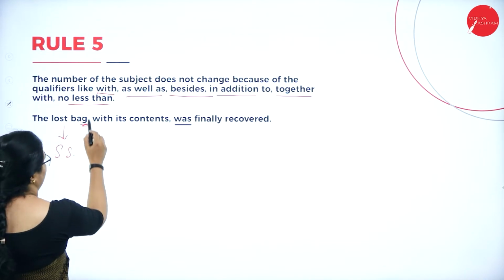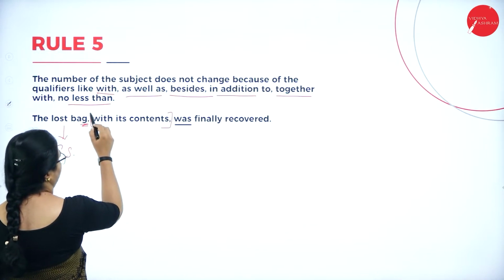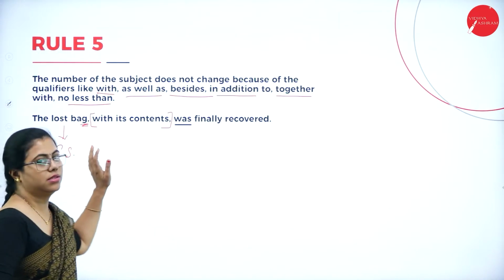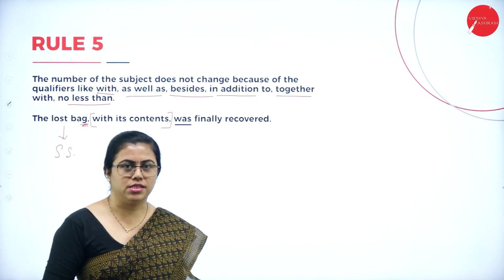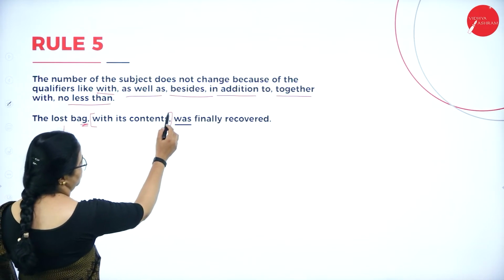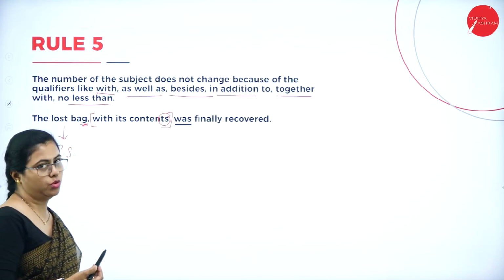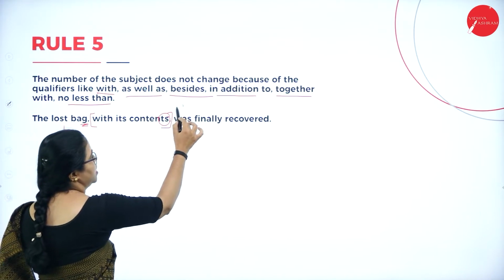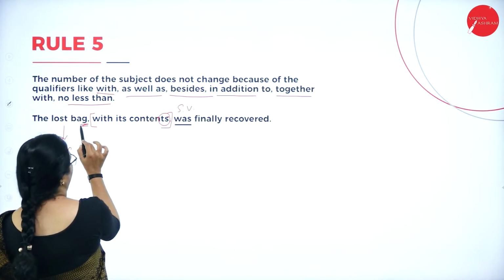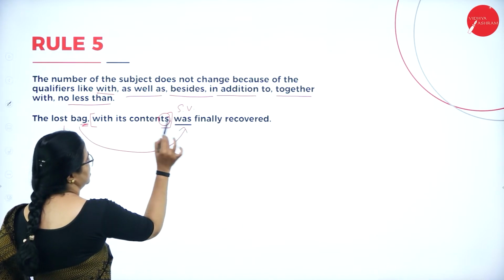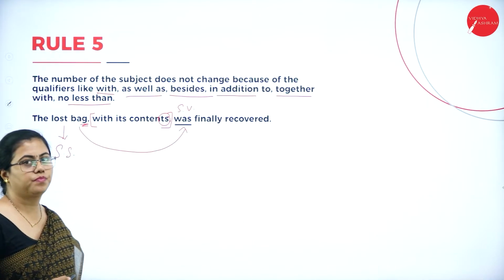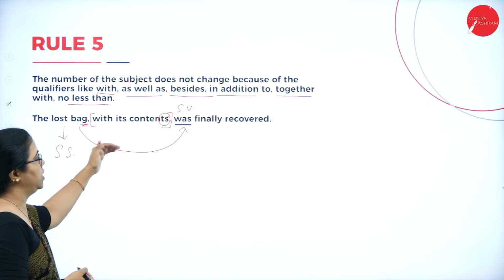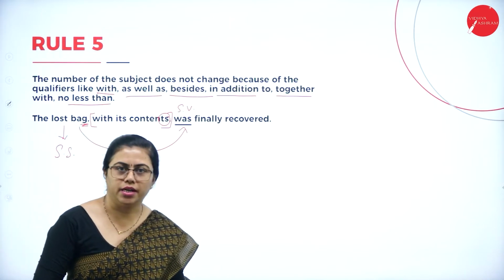Whatever is there between the commas need not be considered. Here you can see it is plural, but still I am using a singular verb. That's because I have to consider only the subject when I'm writing the verb. So the lost bag, with all its contents, was finally recovered.